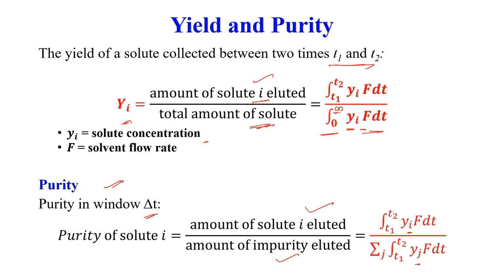So, for the given time, how much Yi F dt you got and how much you got for the impurity suggests the purity of your product. Yield is for the given time T1 to T2 divided by 0 to infinity, so you can get the maximum amount of solute.